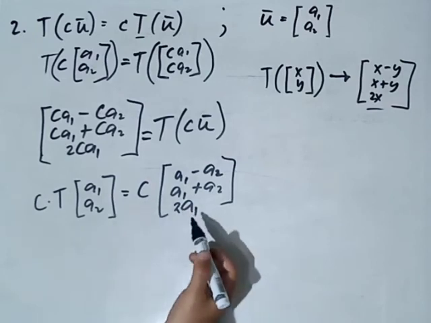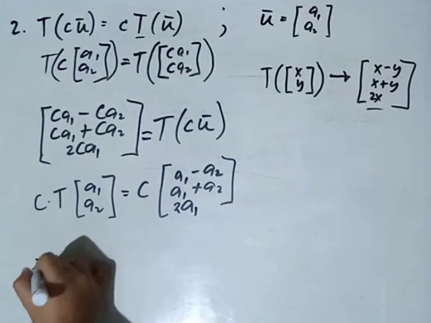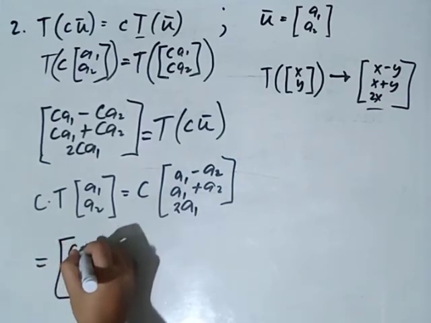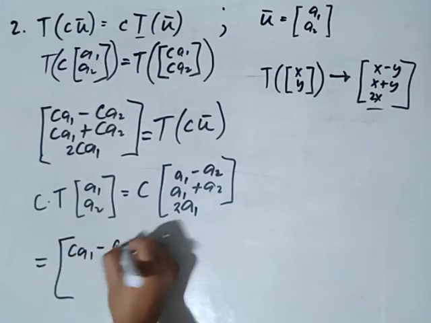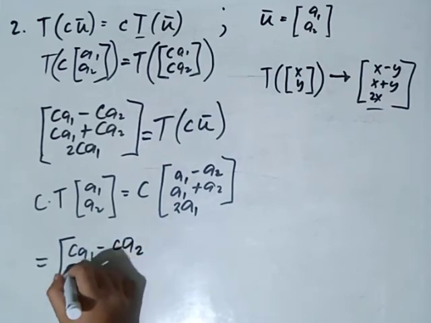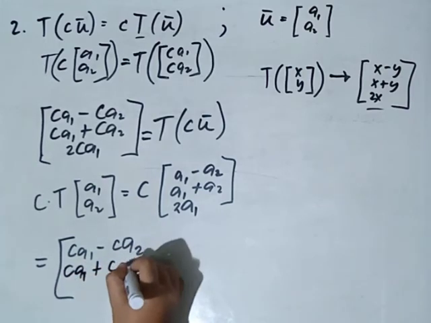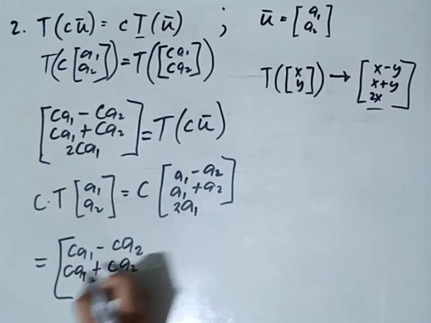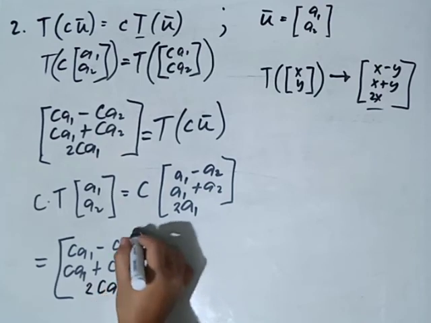So multiplying the scalar with the transformation of vector u, that would be C a sub 1, or scalar times a sub 1 minus the scalar times a sub 2, scalar a sub 1 plus the scalar a sub 2, and 2 scalar a sub 1.